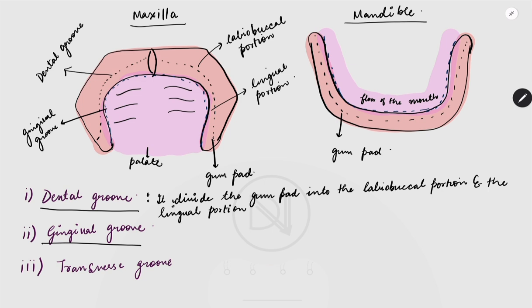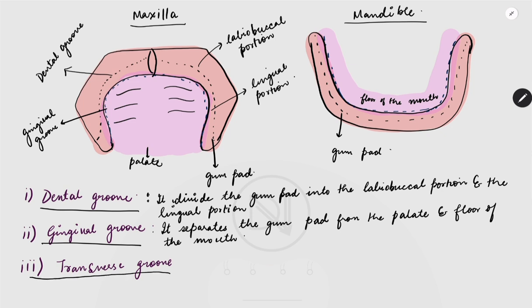The gingival groove separates the gum pad from the palate in the maxilla, and it separates the gum pad from the floor of the mouth in the mandible.